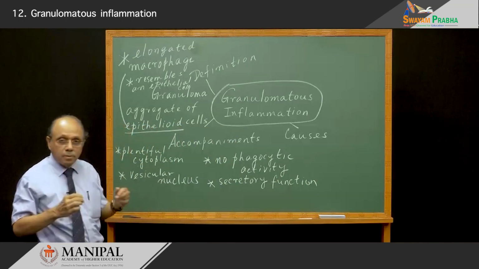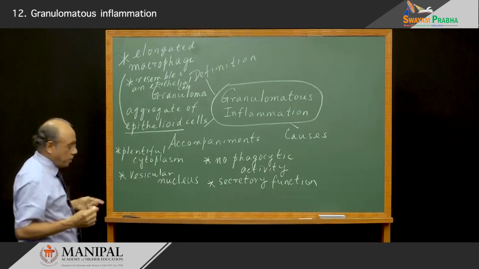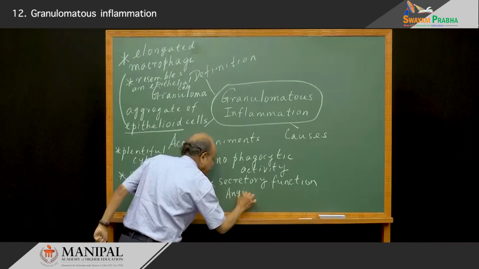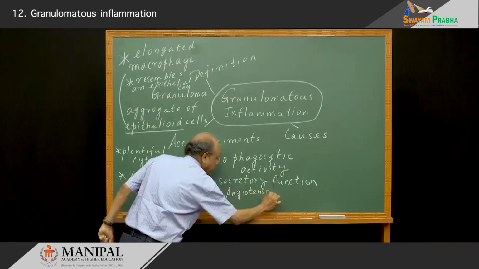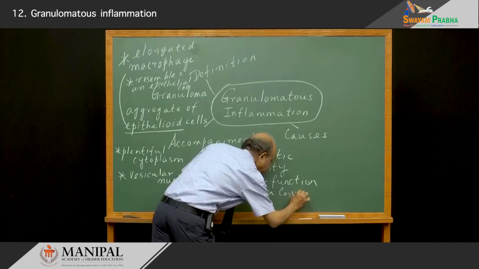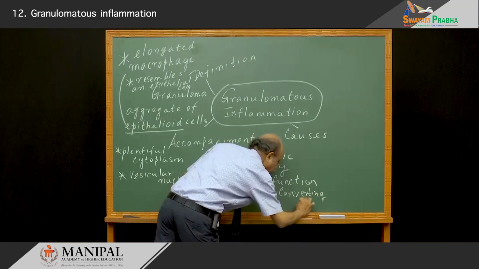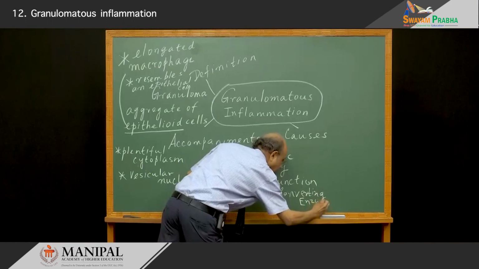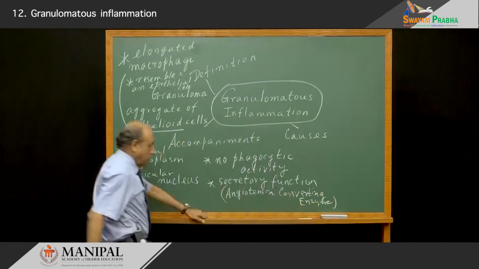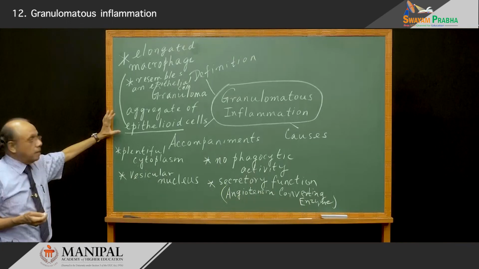And the most well known secretory product of the epithelioid cell is the angiotensin converting enzyme, ACE.